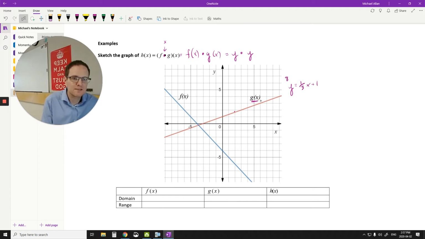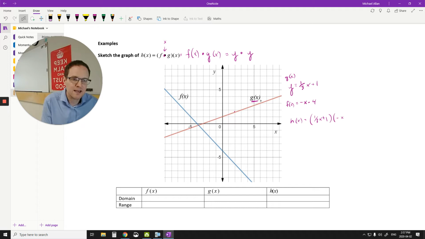So that's g of x. And then f of x, its slope is -1. It looks like it's going down 1 over 1, yep. -1x minus 4. Now my new graph h of x is just going to be these two things multiplied together.